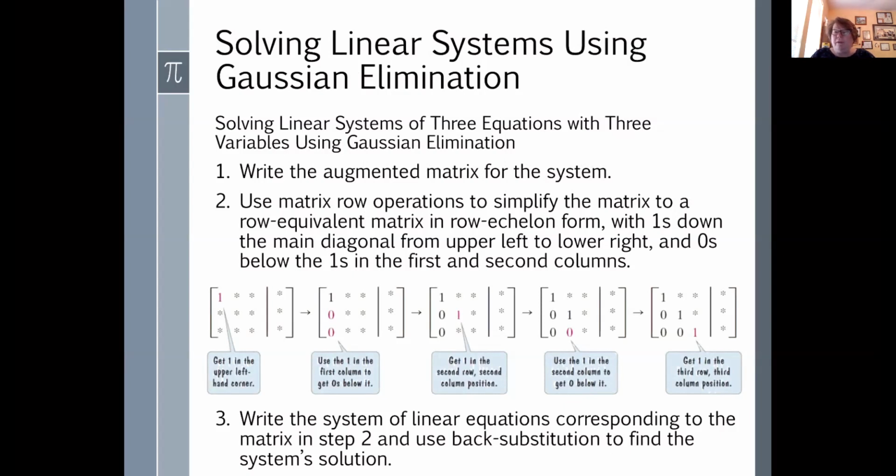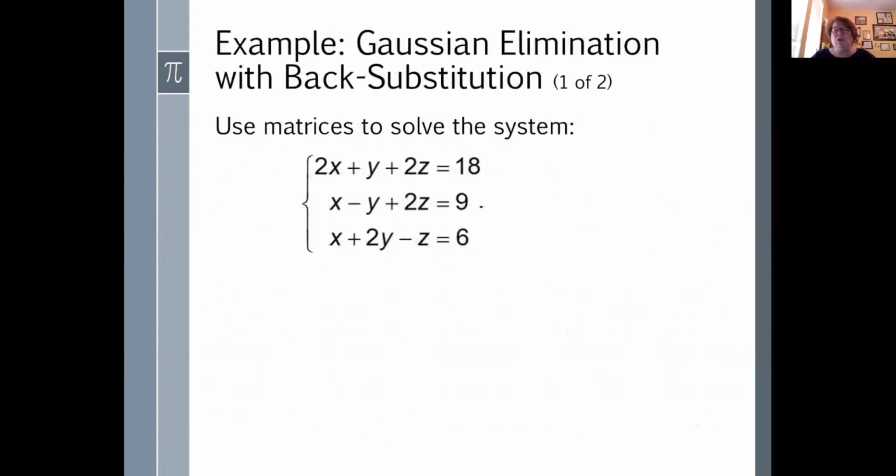Once it's in row echelon form, we can do step 3, which is back substitute, find z, y and x. All right, so let's write the augmented matrix, and then let's put this in our calculator, and then let's back substitute to find z, y and x.